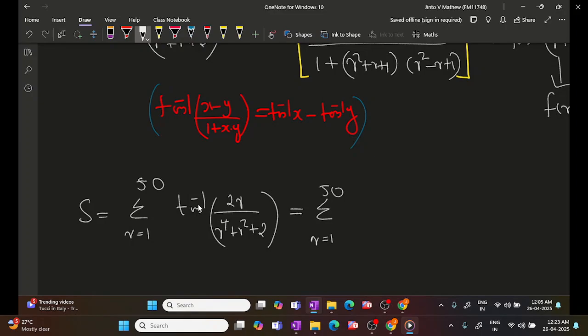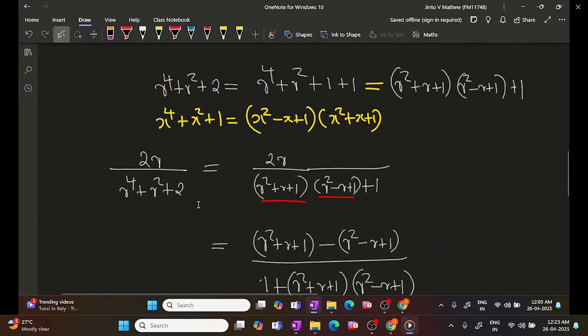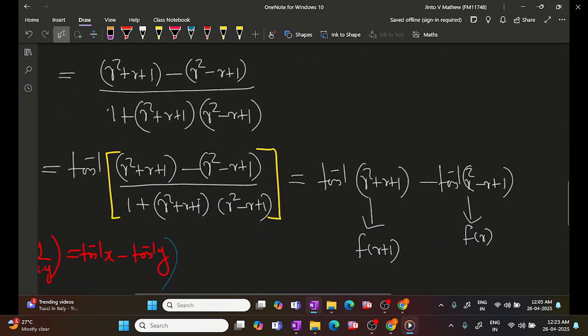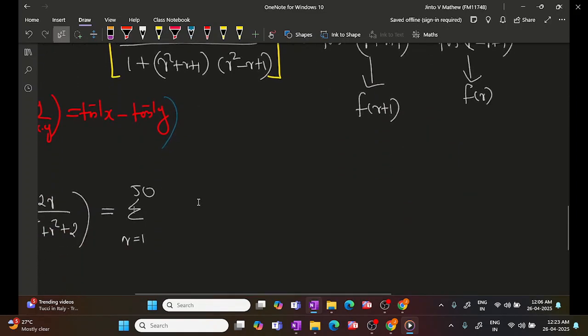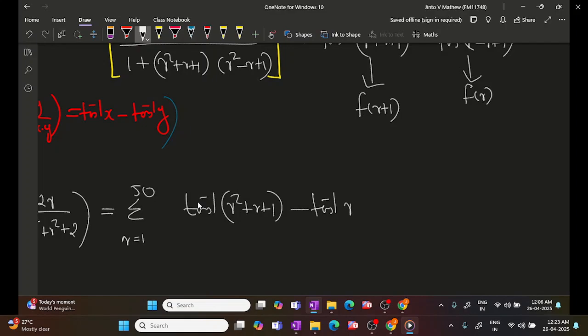So we have expressed tan inverse 2r by r raised to 4 plus r square plus 2 in this way: tan inverse r square plus r plus 1 minus tan inverse r square minus r plus 1. So we will write that here.